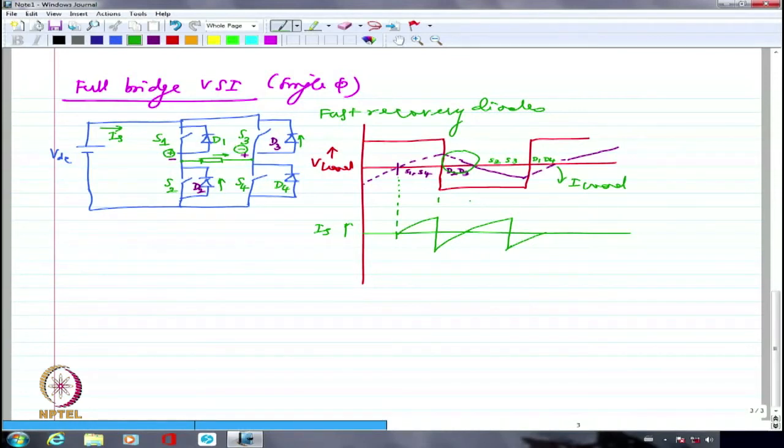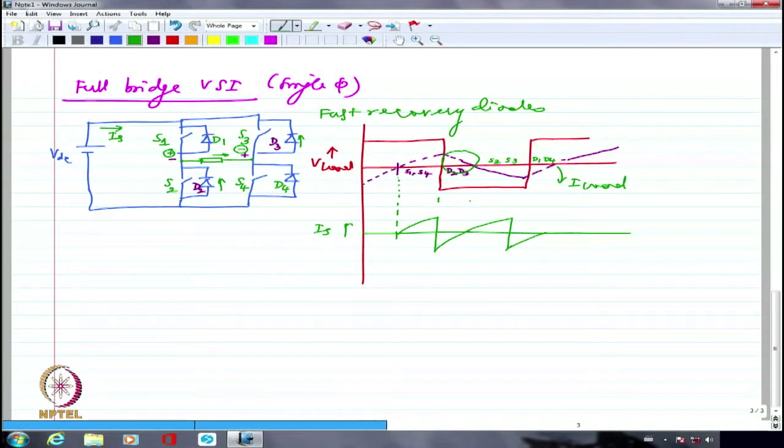If I try to look at any of the devices, what it has to block will be VDC itself. You can analyze and definitely find out that in a full bridge converter, the devices are not going to be rated for more than VDC. That is the way our full bridge VSI normally works. So the full bridge VSI is normally employed in all larger power rated circuits.